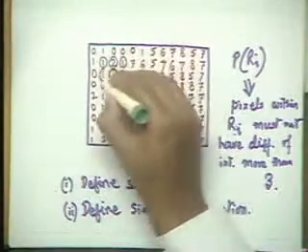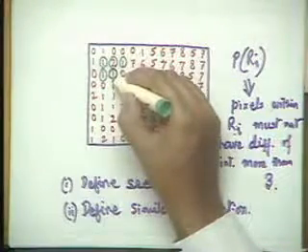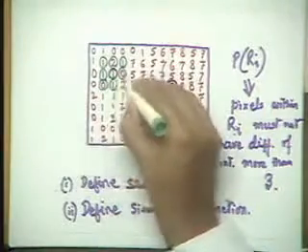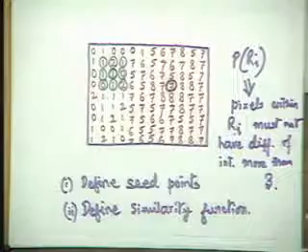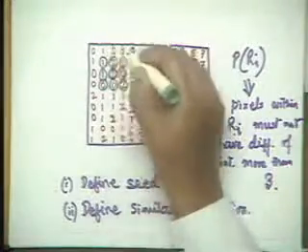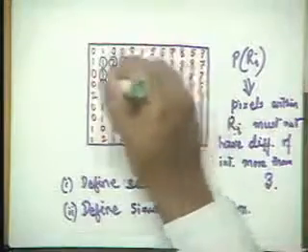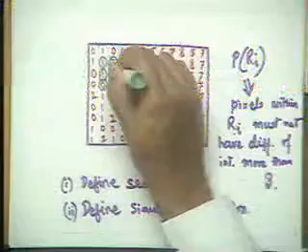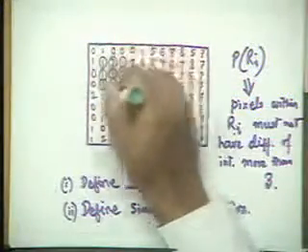If I call this seed's region R1, then all the neighboring pixels of this must belong to R1. Now I examine the pixels which are neighbors of this grown region. So effectively I have grown this region: I started with the seed pixel, and now I have grown pixels around it.